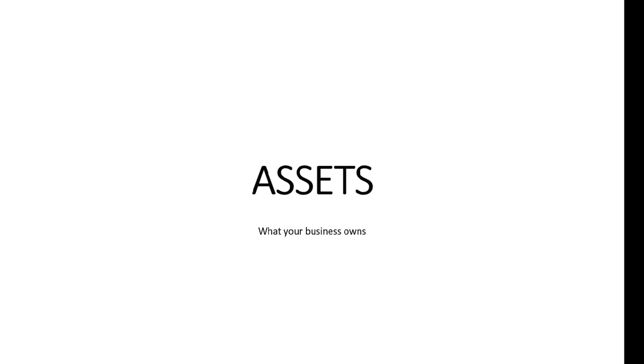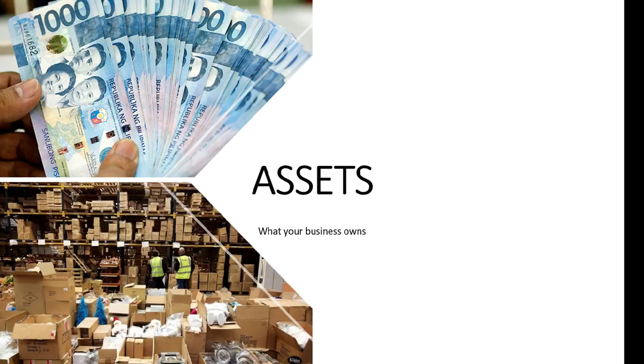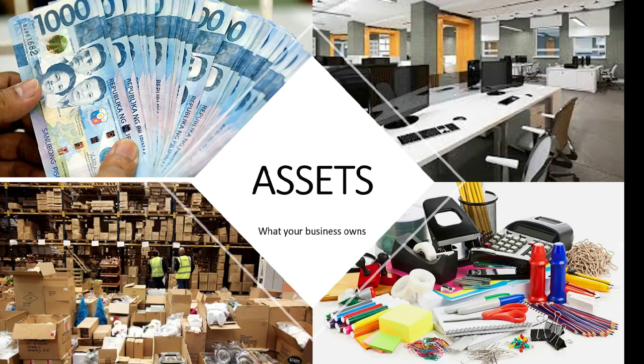For example, cash or inventories or office supplies, or it could be your furniture and fixtures or your office equipment. So these are things that your business owns. And not just that, the business owns these assets in order to earn income in the future or to reap economic benefits.